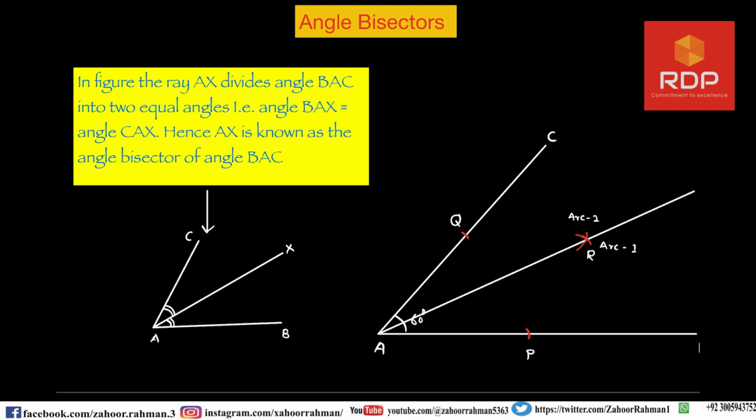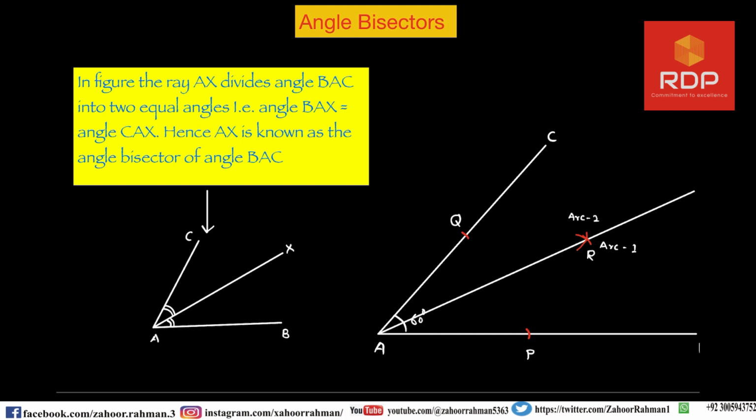So you can see that BAX and CAX are two equal angles, and I denoted that with the double lines, curvy double line. Now I am giving with this the concept of angle bisector, but we will do that practically as well, on the figure at the right side of your screen. But first understand the concept.